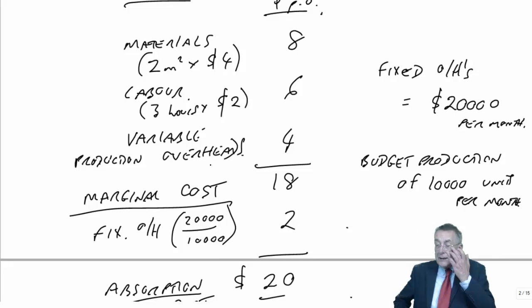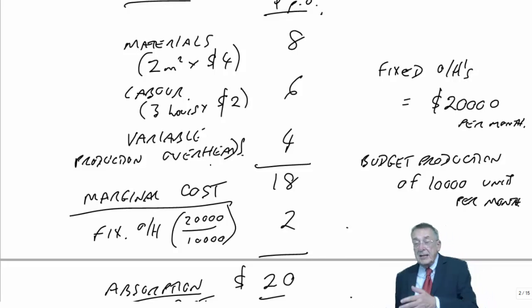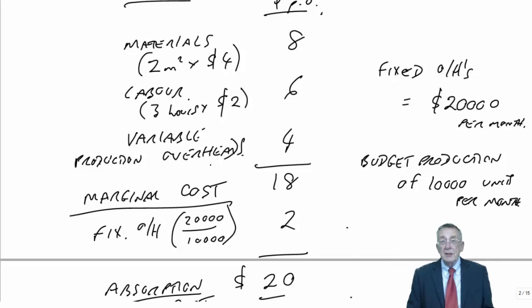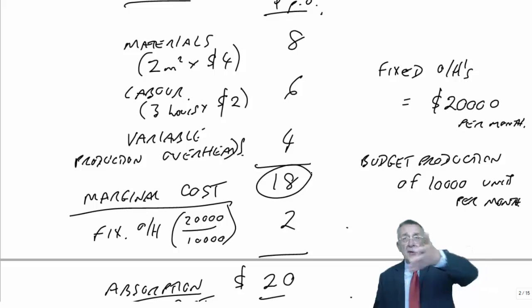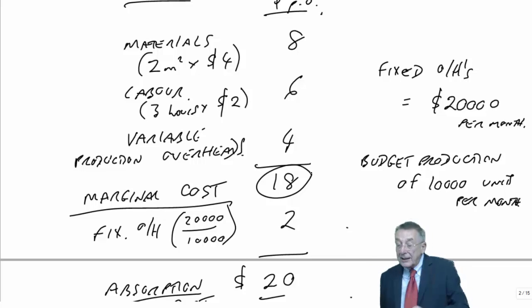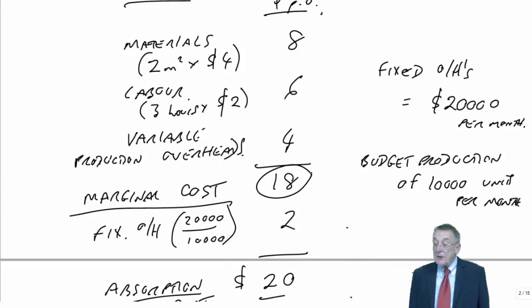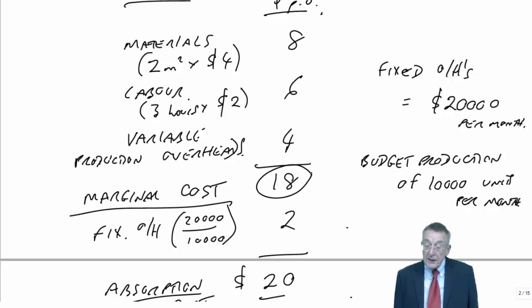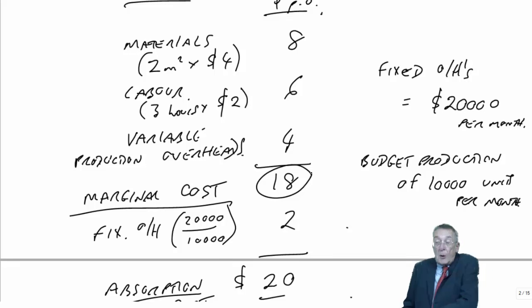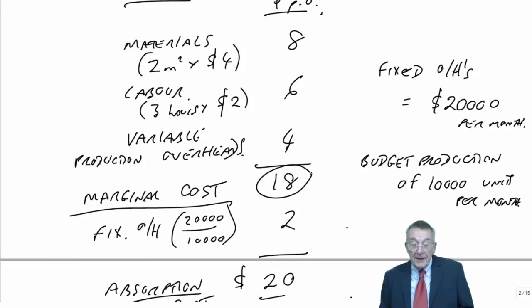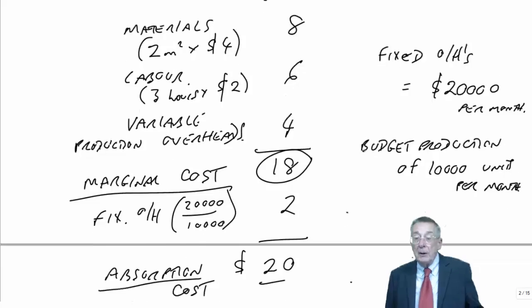Because you see fairly clearly, if we end up producing 15,000 units or 5,000 units, marginal costs, no problem. That stays at 18 a unit. It doesn't matter whether I make more or less. But the fixed overheads, if I only produce 5,000 units, fixed overheads are $4 a unit. Full cost is 22. If I produce 20,000 units, fixed overheads are $1 a unit, and so on.